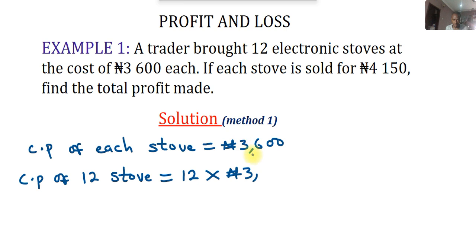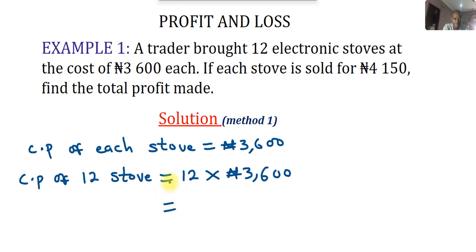Because one stove costs 3,600, then 3,600 twelve times will give us the cost price of 12 stoves.